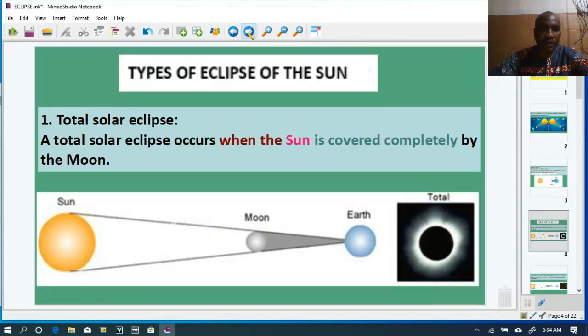Types of eclipse of the sun. Different types of eclipse of the sun occur. The first one is called the total solar eclipse. A total solar eclipse occurs when the sun is covered completely by the moon.